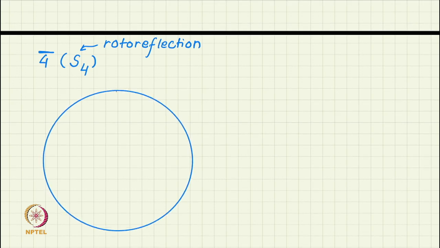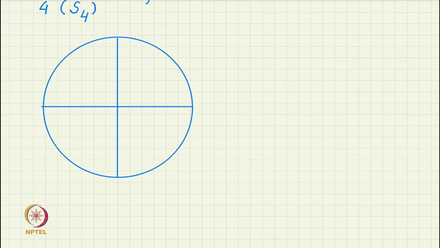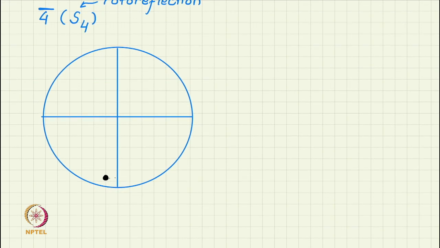Since 4-fold rotation is involved, we take reference axes at 90 degree, reference lines. Start with a general position. So, the 4-fold roto-inversion symbol is very interesting.